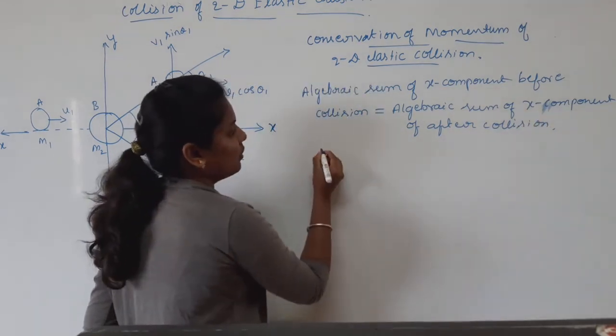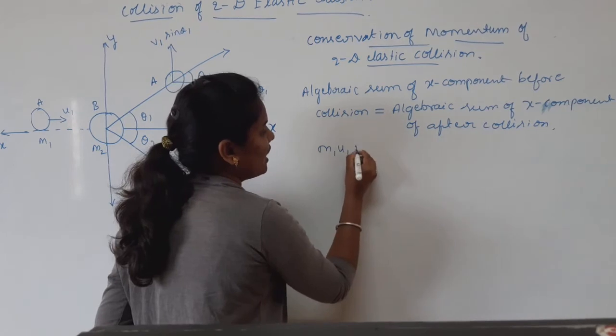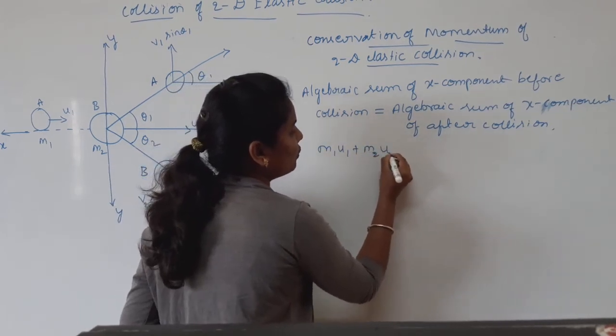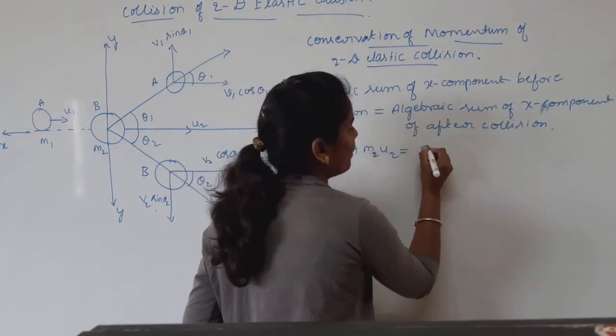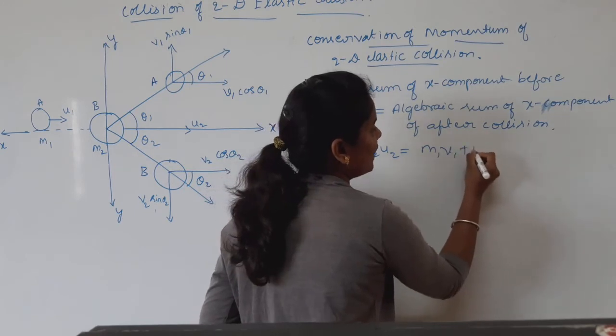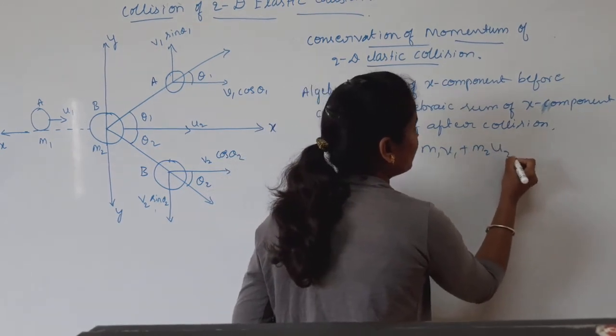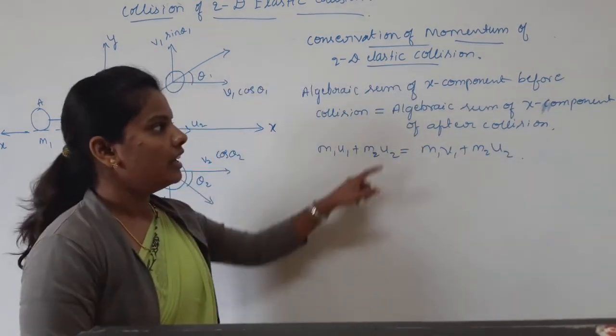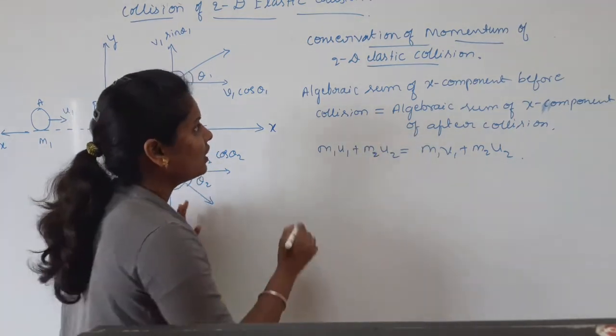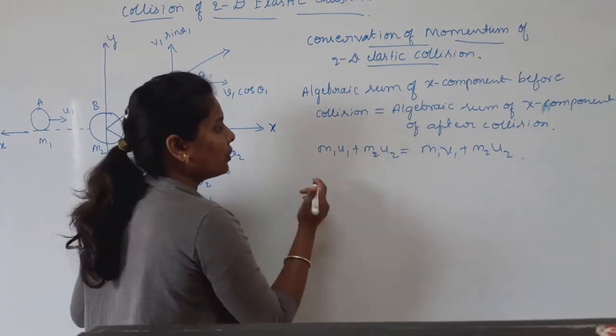Here m1 u1 plus m2 u2 is equal to m1 v1 plus m2 v2. So this is along the x component. Now let us check along the y component.